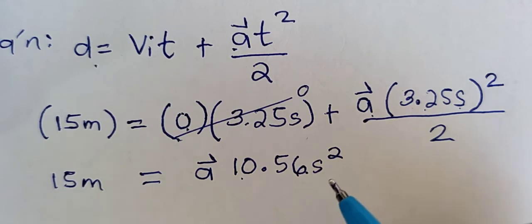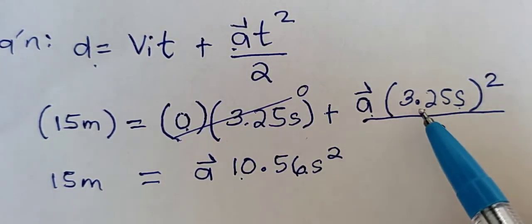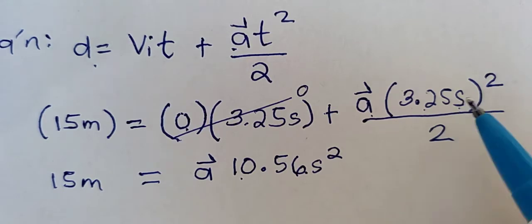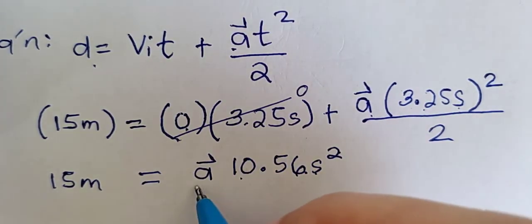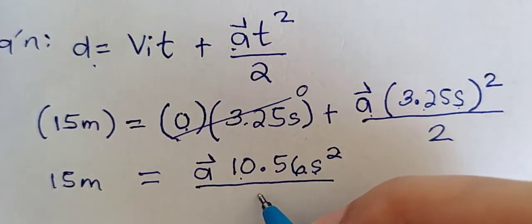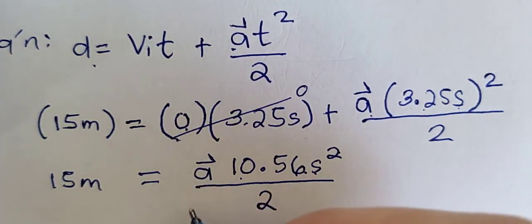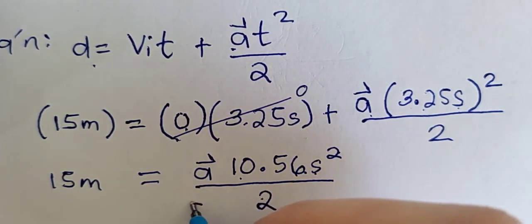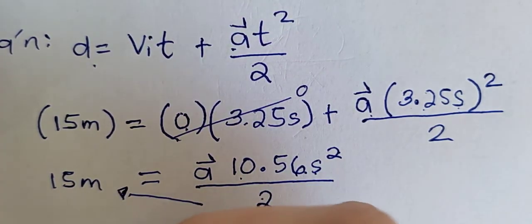You can use your scientific calculator, yung natural display. Kung ano nakikita nyo dyan, kukopyahin nyo lang yan. Or you just simply multiply 3.25 seconds by 3.25 seconds. So you will get 10.56 s squared over 2. And then you can cross-multiply 2 to 15 meters. So we have 30 meters here.